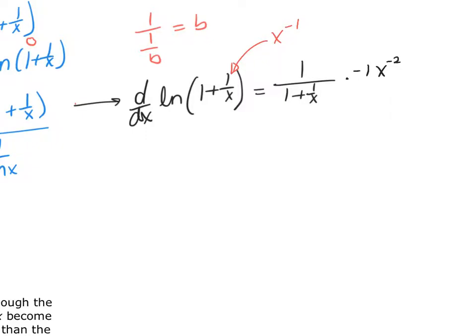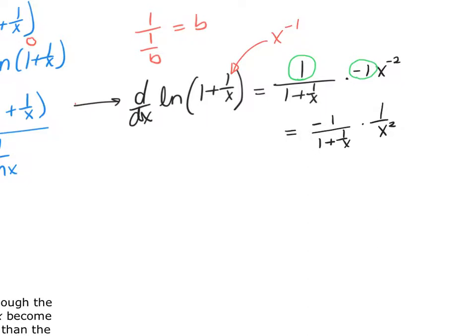I'm going to clean this up algebraically. So I'm going to simplify this, and I have negative 1 in the numerator. The way I got negative 1 is I multiplied this 1, negative 1, and this 1. Then I have 1 plus 1 over x multiplied by 1 over x squared.